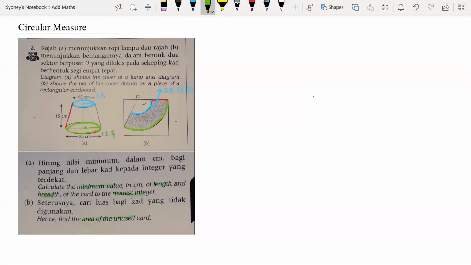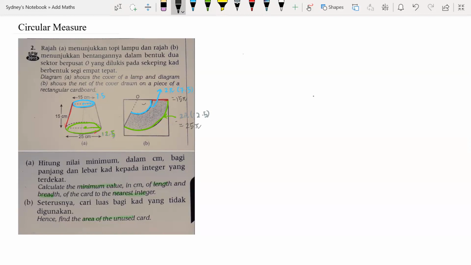Likewise, the green arc will be 2 pi times 12.5. So over here, we will have 15 pi and 25 pi. And what is the measurement of the red part?